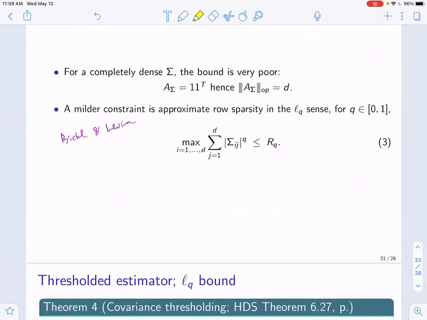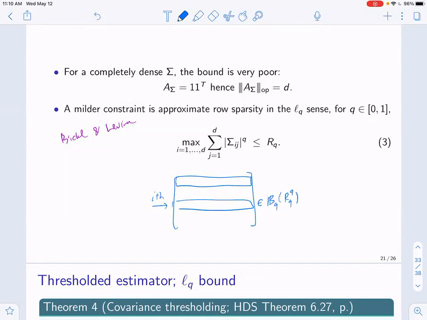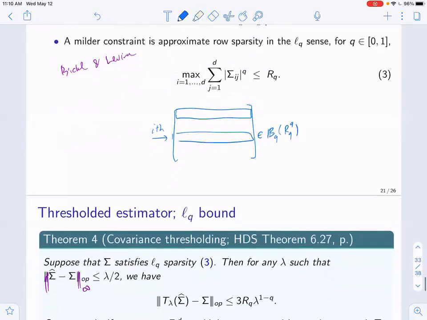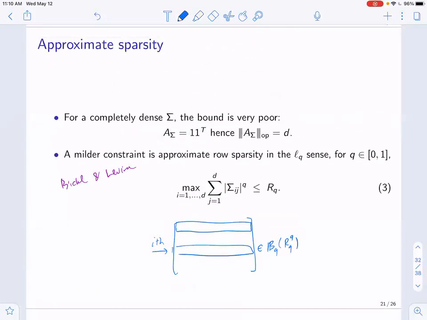And then we argued that we could extend these results to the case where the maximum LQ norm of each row of the matrix, or it could be the column, is bounded. If you look at each row, you're assuming that the ith row belongs to the LQ ball of radius R_q to the q, so the LQ norm of the ith row is R_q to the 1 over q.